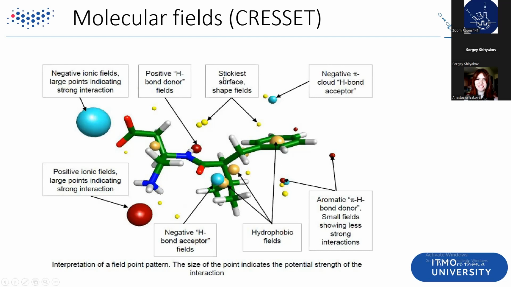You can have kind of sticky surface shape fields, hydrophobic fields, positive and also positive hydrogen bond donors, negative hydrogen bonds, and some negative ionic fields, aromatic pi, hydrogen bond donor, small fields showing less strong interaction.